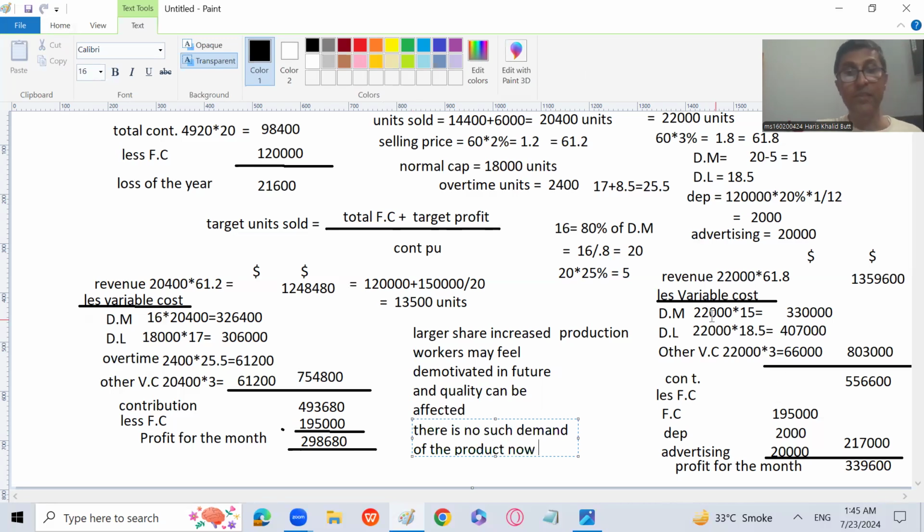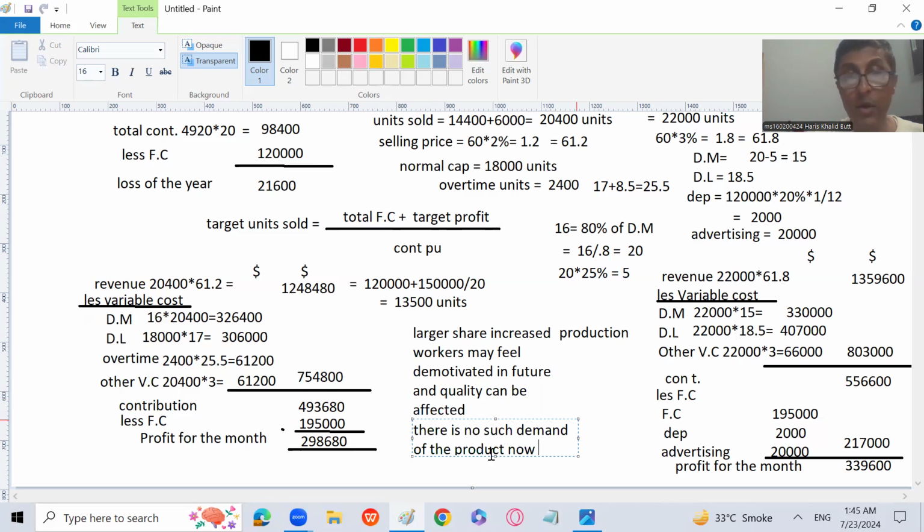Right? So in option 2, we have increased the selling price, and we are finding that we are able to sell 22,000 units. But because the competitor has stopped production, maybe the competitor is reacting to the overall demand of the customers decreasing for that product.